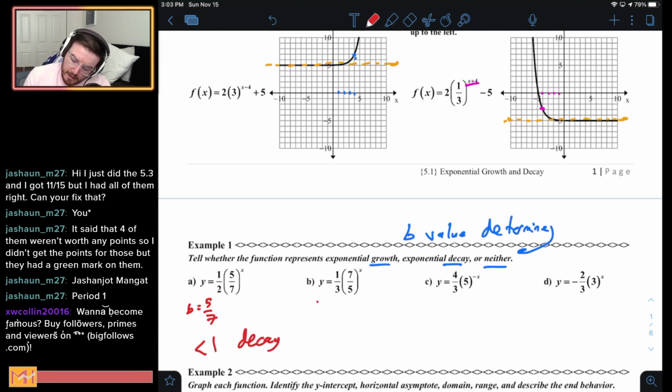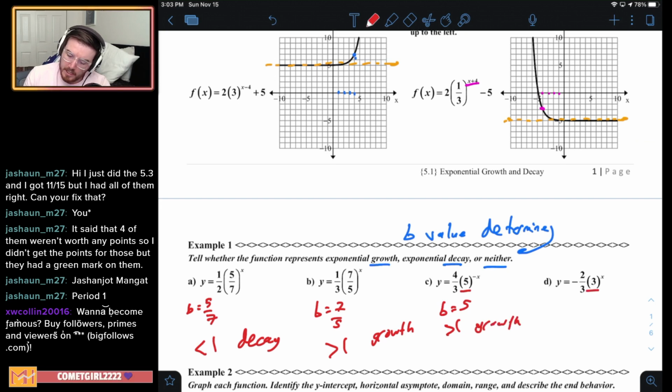You look at this B value and you say, oh, that's greater than 1, so growth. You look at this B value and you say, oh, that's greater than 1. That's growth. You look at this B value.